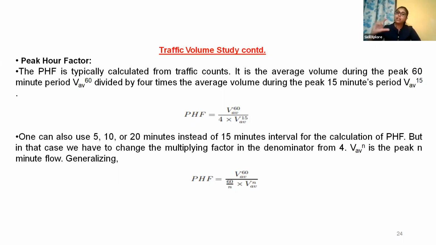So in the peak 60 minutes, what is the maximum traffic we can expect, divided by 4 times the maximum 15-minute traffic we can expect. If we divide the traffic into 15-minute sections, what is the maximum 15-minute traffic we can expect there?